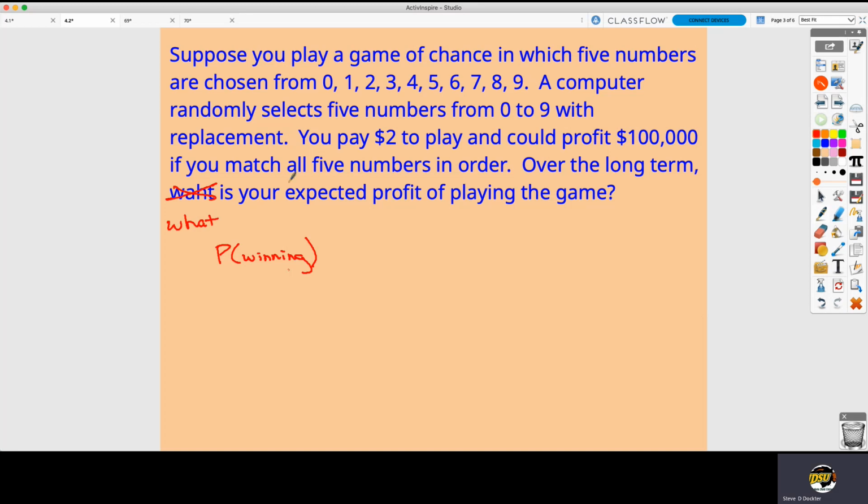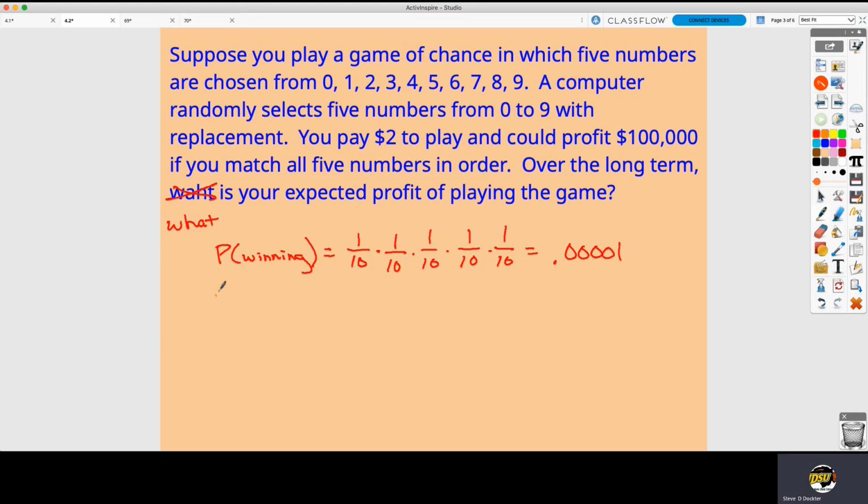What's the probability of getting the first number correct? 1 out of 10, right? It is replacing it. So what's the probability of the second one being right? And the third one, and the fourth one, and the fifth one. All right, does that make sense? If you multiply all that together, I'm going to change it to a decimal. That's what we would get.